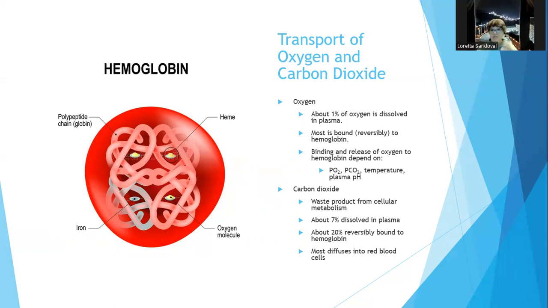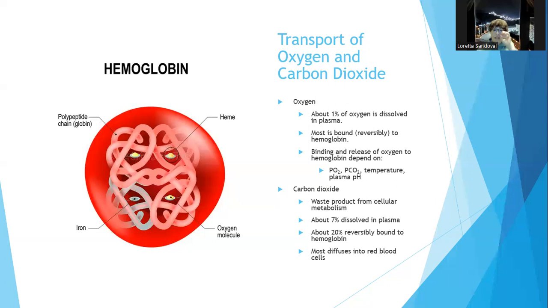Carbon dioxide is a waste product from cellular metabolism. Remember how I talked about the beauty of hydrocarbons burning in oxygen and creating carbon dioxide and water. About 7% of carbon dioxide is dissolved in plasma, and about 20% of it is reversibly bound to hemoglobin.